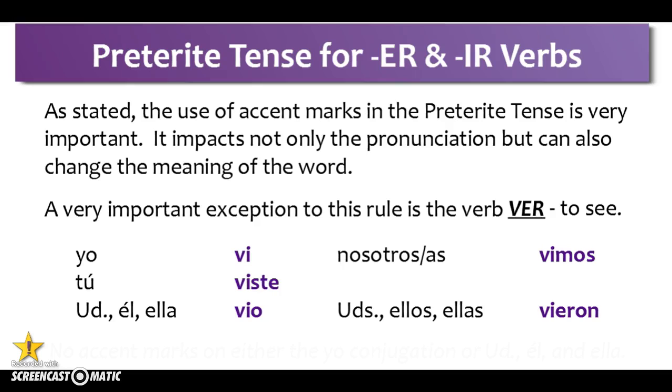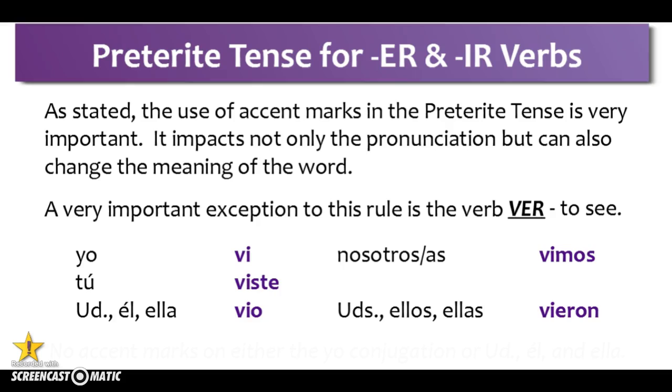We have one slight difference for the special verb of ver. This difference comes with the use of accent marks. As I've already stated, accent marks are very important in the preterite tense, in that they change the pronunciation and the meaning of a word. When we look at the word ver, which means to see, that use of the accent mark needs to change.